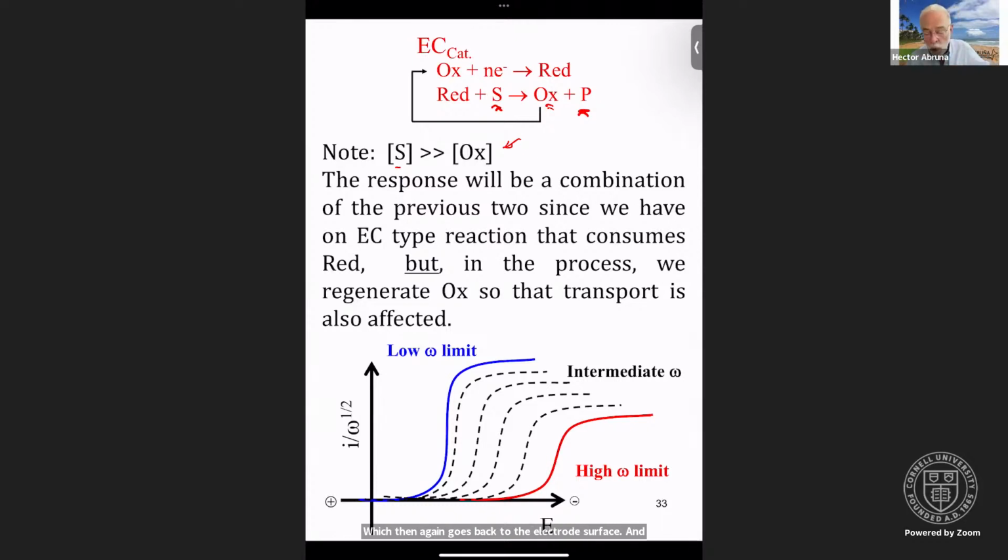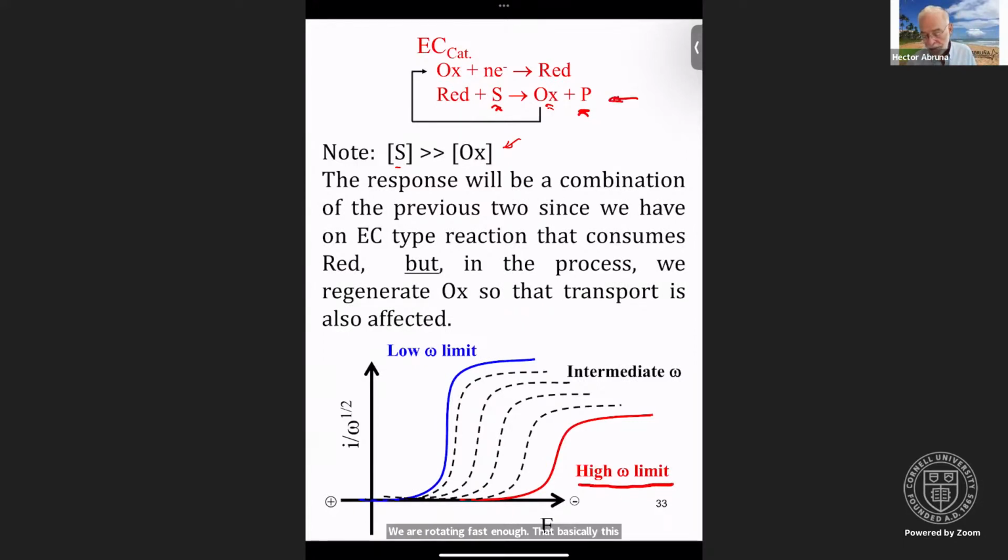And so one way to think about this, as it should be evident by now, is to consider the two limiting cases of very high omega and very low omega. In the high omega limit, we are rotating fast enough that basically this reaction is precluded.